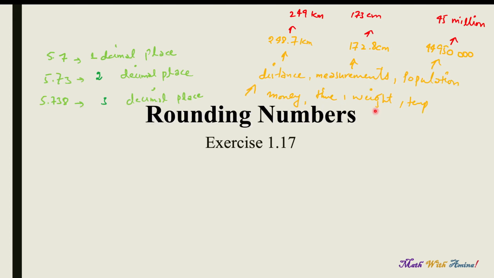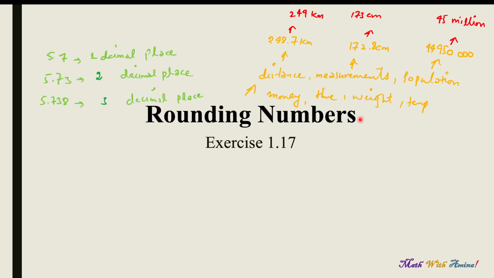The same is with weight and temperature. If the temperature is 36.8, we say that the temperature is 37. If the weight is 5.9 kg, we say it's 6 kg, right?